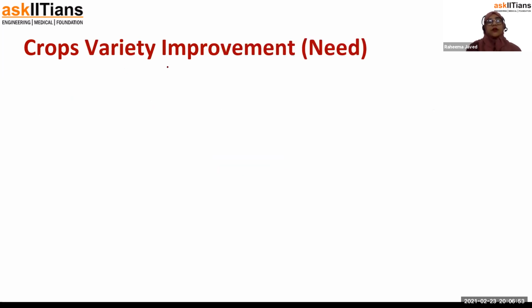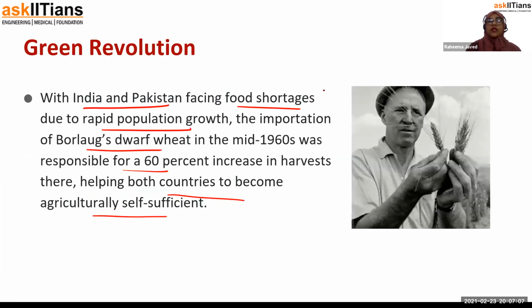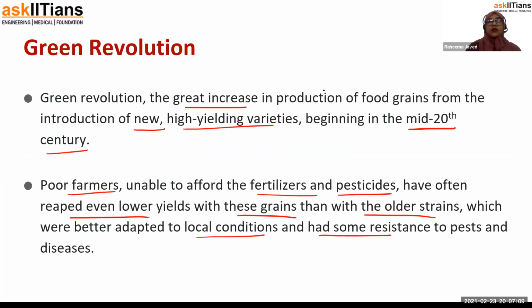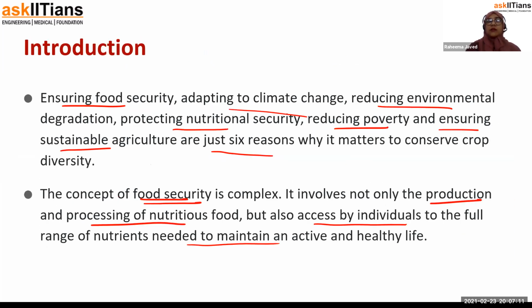In the crop variety improvement need, I am again going to focus on the points that I told you in the beginning, in the introduction. Okay, let's move on to that slide again. So we discussed about food security. We discussed about ensuring sustainable agriculture. We discussed about adapting to climate change.